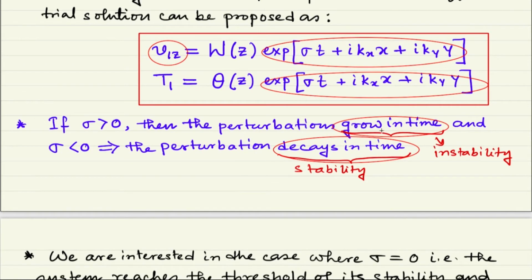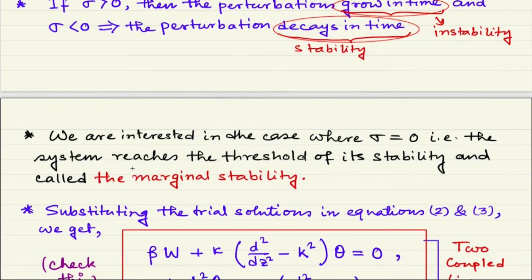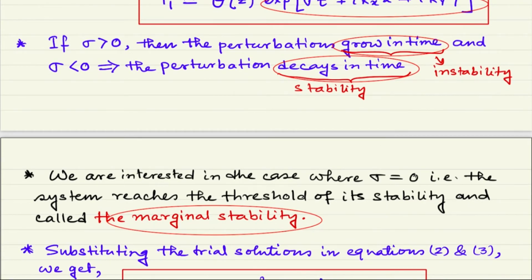But in both cases, whether growing or decaying, we can make the marginal part where the solution neither grows nor decays in time, and that is the part of marginal stability. Some people say this is the part of marginal instability, and that is because in this case sigma is chosen to be 0 and time independent.